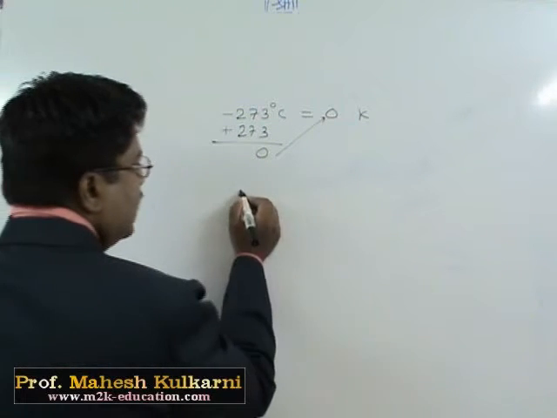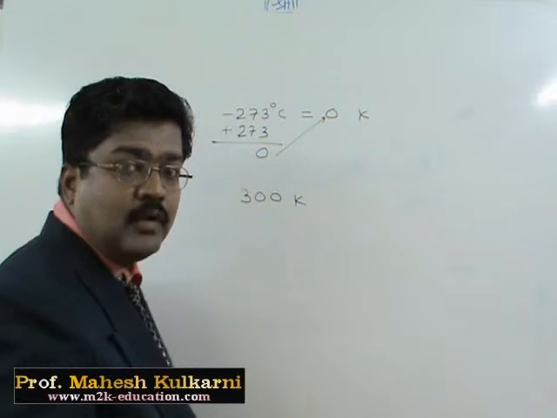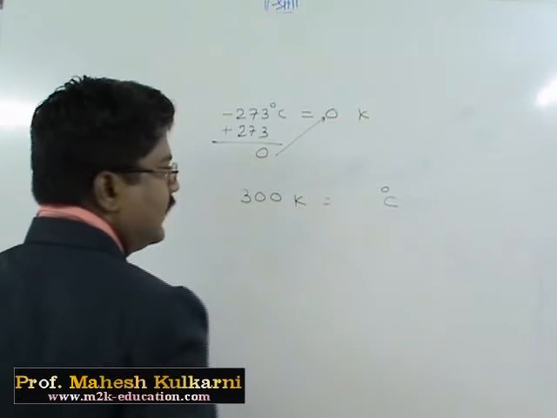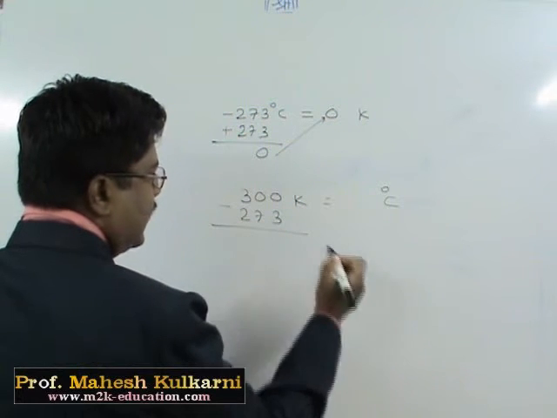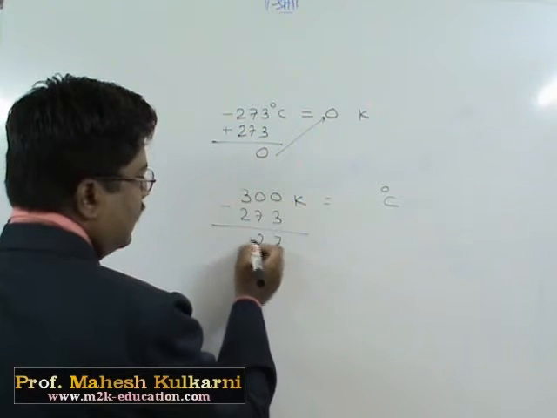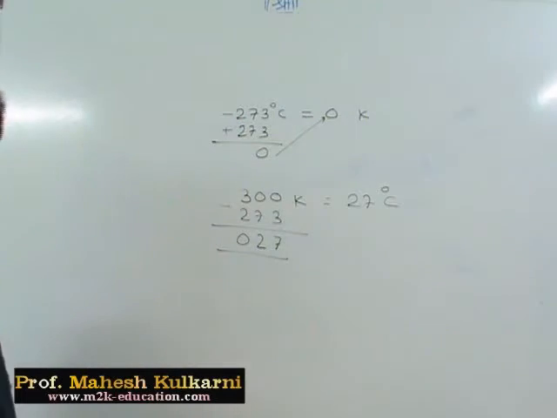Suppose we say the temperature is 300 Kelvin and I have to find this in terms of degree Celsius. Then I have to subtract 273 from this. Subtract 273, and the answer is 27 degrees Celsius.